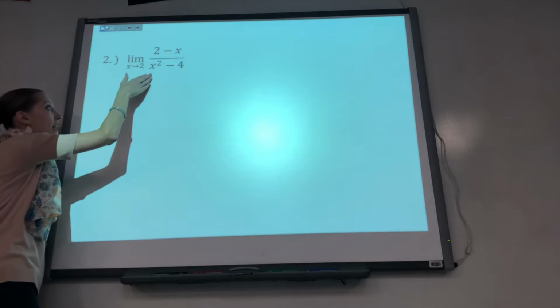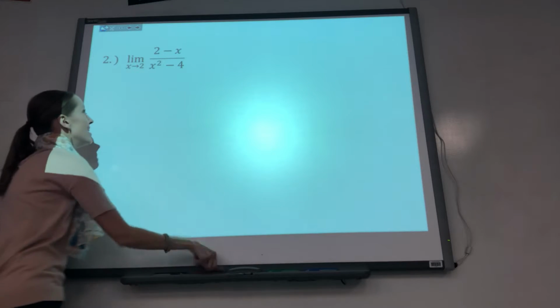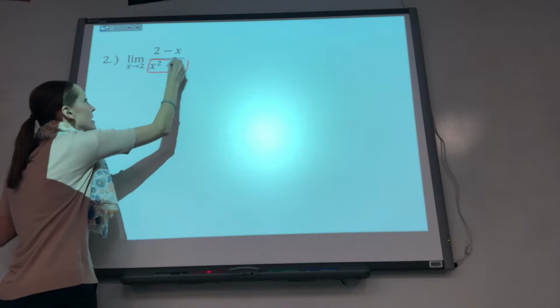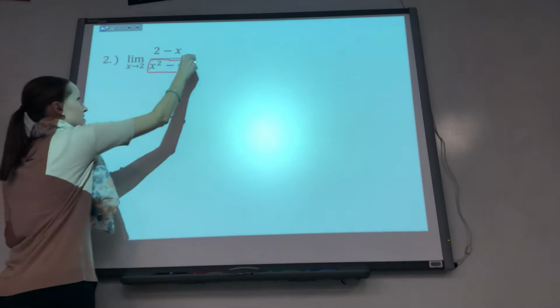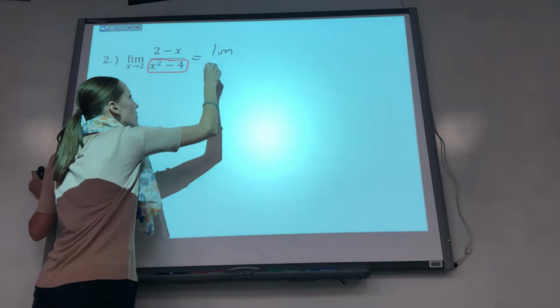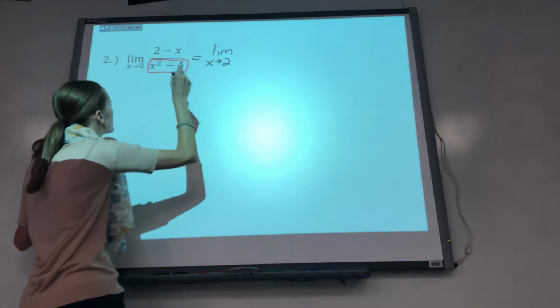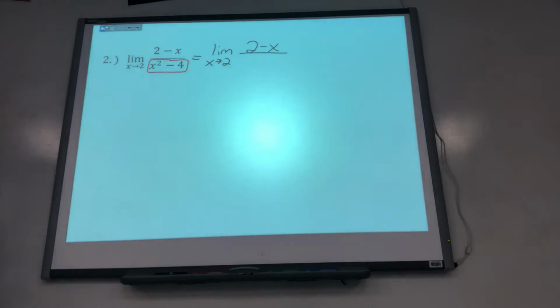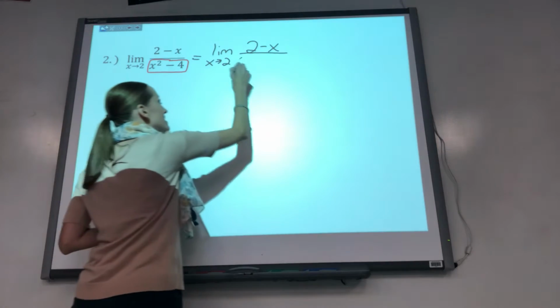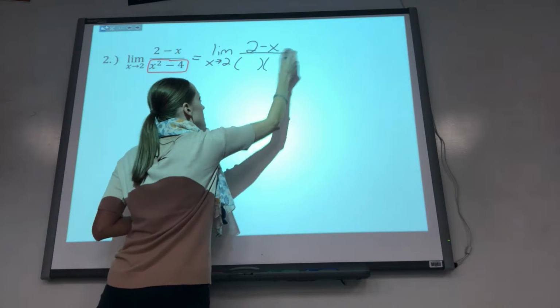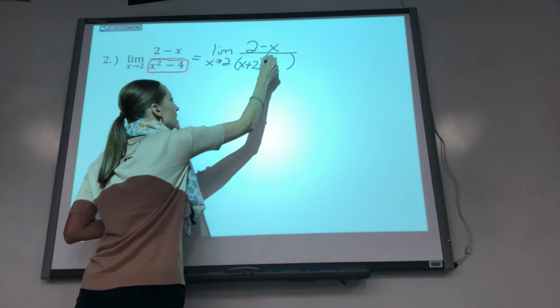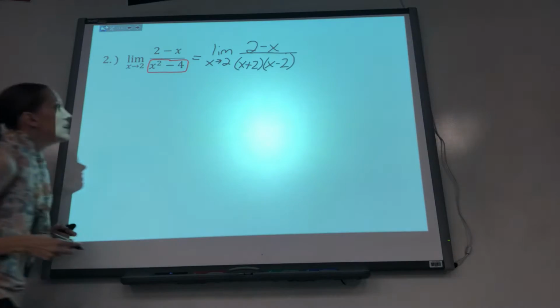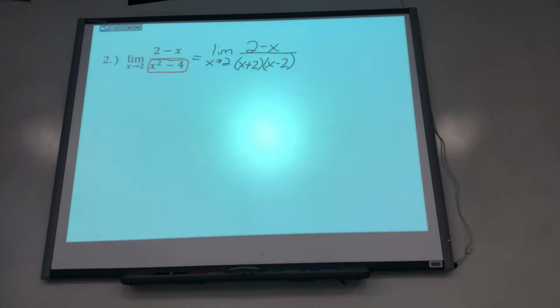So factoring, I do notice the part on bottom is a difference of squares. So let me just recopy everything else for right now. The 2 minus x I'm going to leave alone for a minute. And a difference of squares is going to end up being x plus 2 times x minus 2.